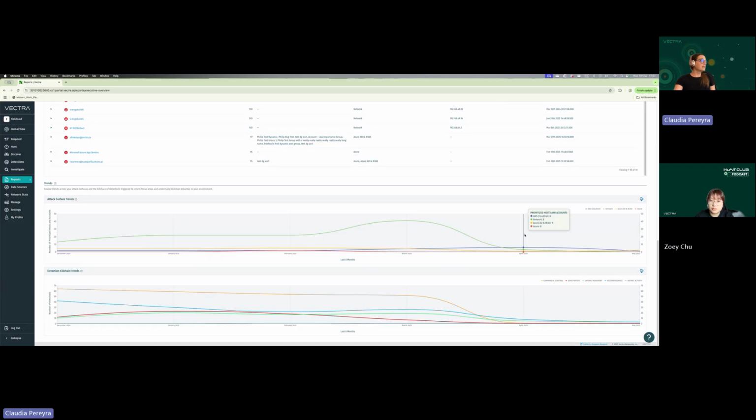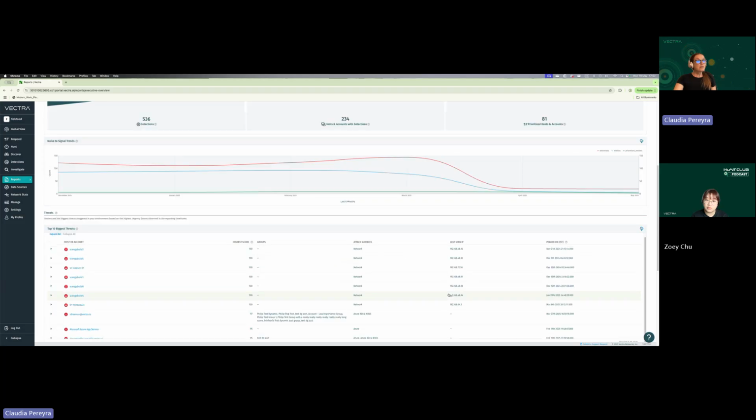And then the last trend is around detection kill chain. So in that case it is about what are the different categories that you see the most at a certain point in time. This list is not exhaustive, but it's the ones that are more represented in that particular deployment.